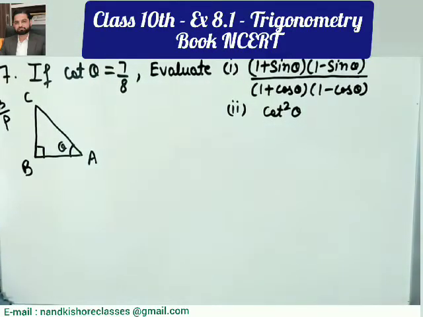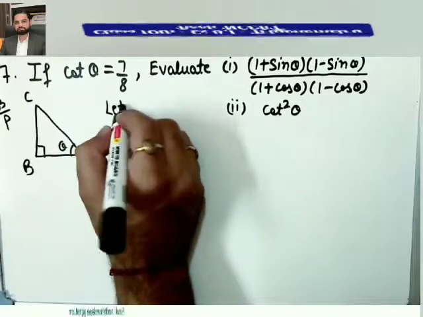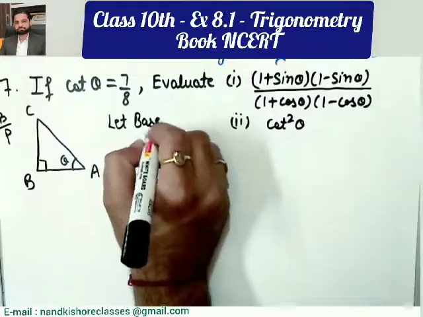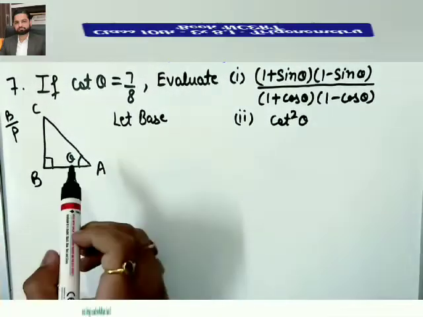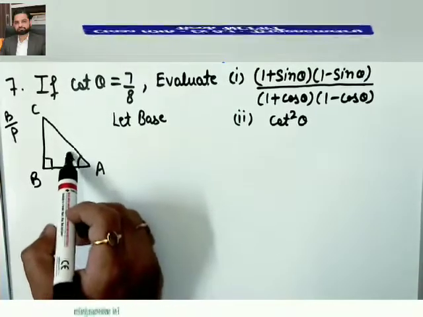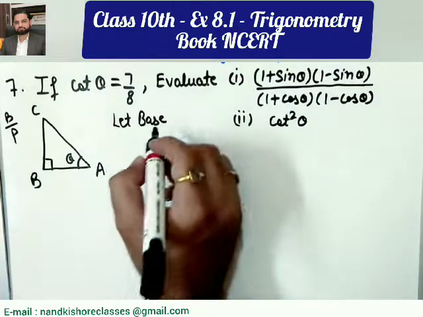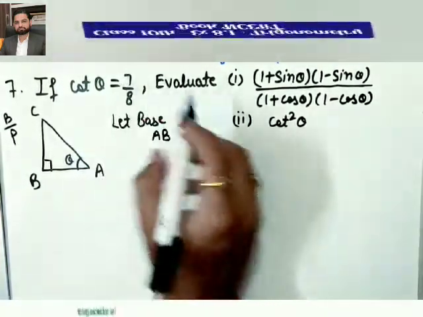When it is B upon P, that means what we need to suppose, let us revise the previous concept. Let base, what is base? Base will be AB. Why AB? Because angle theta we are using, and this angle and 90 degree together make this base. So let base AB be equal to 7k, as the value is 7.